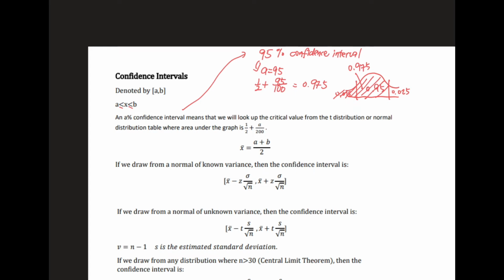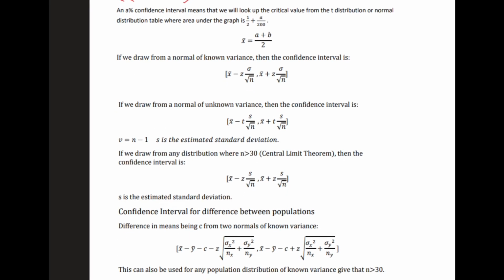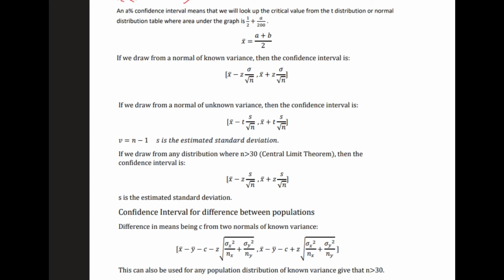Okay, now, what if? Yes. Yeah, that's what I'm asking. Oh, you mean this one, is it? Yeah. Oh, I see. Okay, so of course this one is under t distribution. You can see they are using t here. So then we have degree of freedom also. So v equals n minus 1.